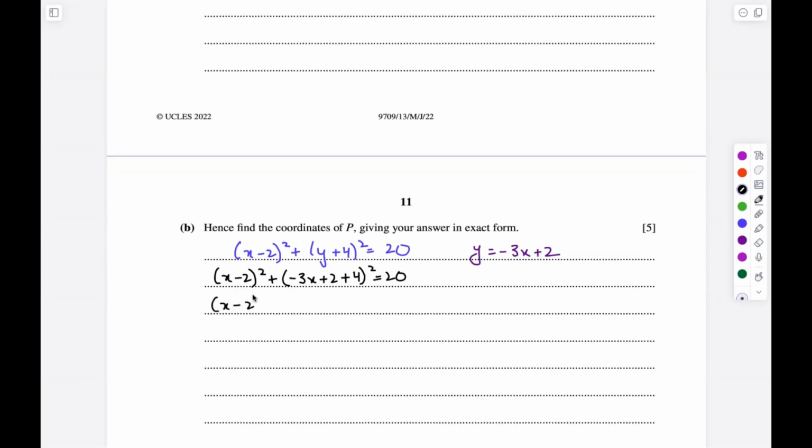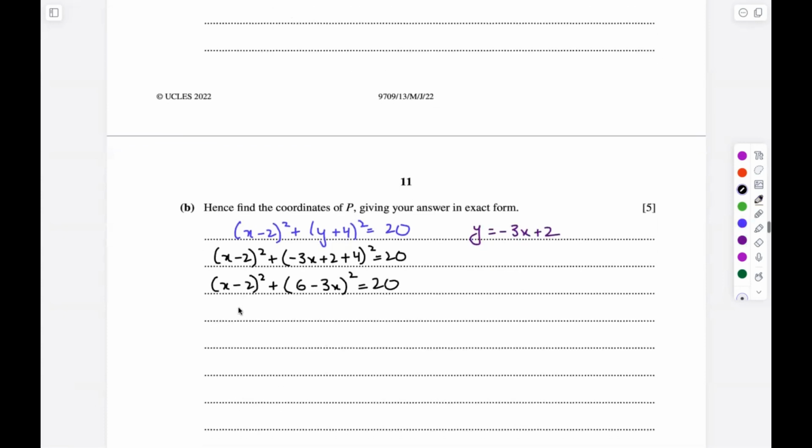Simplifying, we'll first write it as minus 3x plus 2 plus 4 will become (6 minus 3x) whole squared equals 20. Now expanding the brackets, we'll get x squared minus 4x plus 4 plus, so 6 squared will be 36, minus 2 times 6 is 12, and 12 times 3 will be 36, so that will become 36x, and (3x) whole squared will become 9x squared, equals 20.